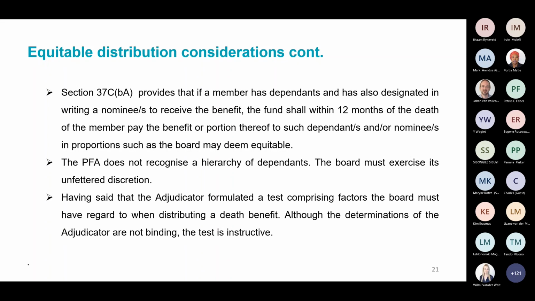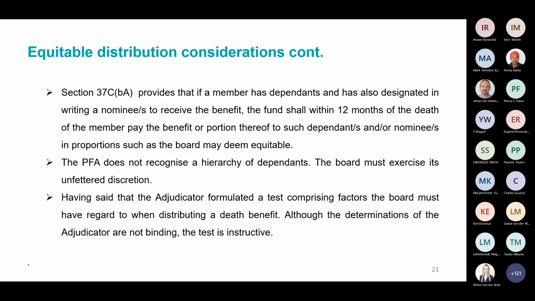Moving on now to Section 37C(1)(a), it provides that if a member has dependents and has also designated in writing a nominee to receive the benefit, the fund shall, within 12 months of the death of the member, pay the benefit or a portion of such benefit to the dependents and or nominees in proportions that the board may deem equitable.